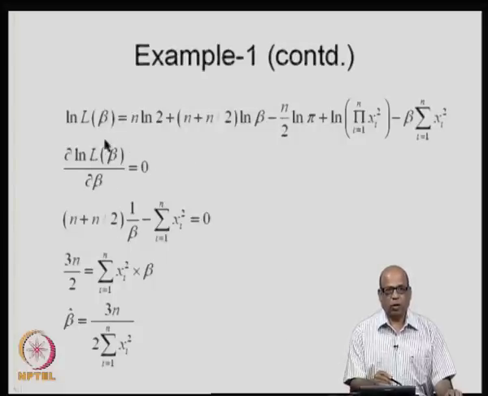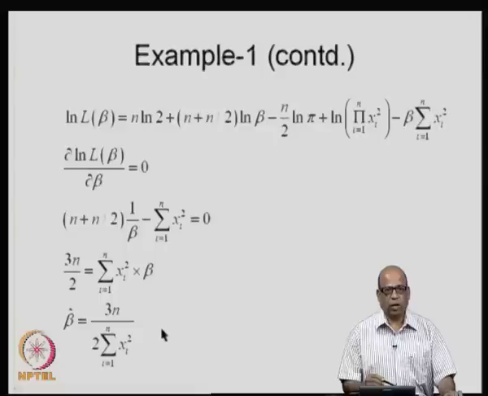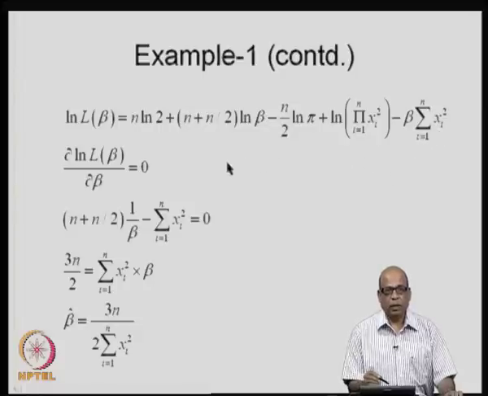From this you write the log of likelihood function as, see, we are looking at this point. So, we are taking the logarithm on both sides. So, we write this as n log 2 plus n by 2 log beta minus n by 2 log pi, because we had a pi to the power minus n by 2, plus logarithm of the product i is equal to 1 to n x i square minus beta summation i is equal to 1 to n x i square. Beta is the only parameter.